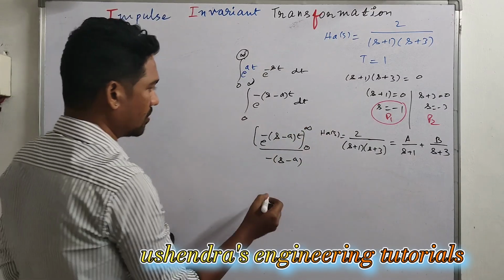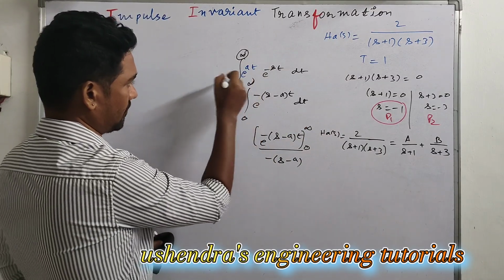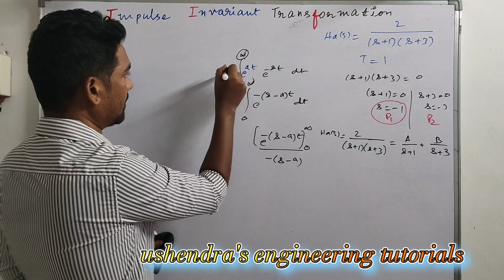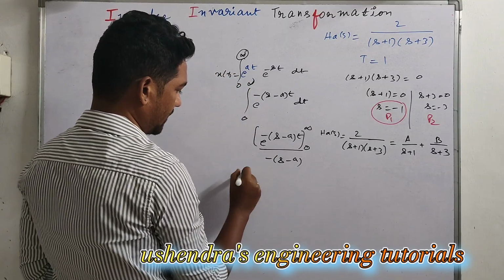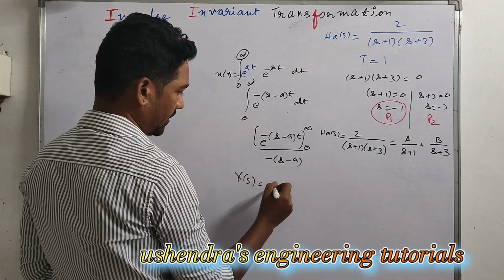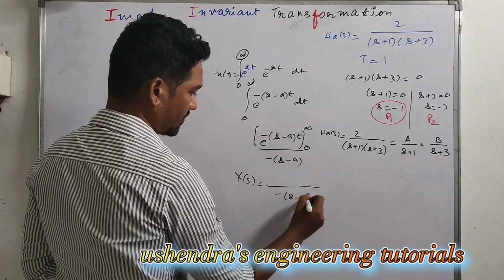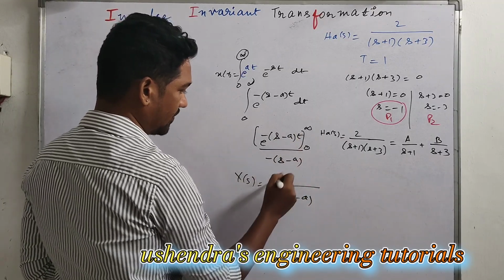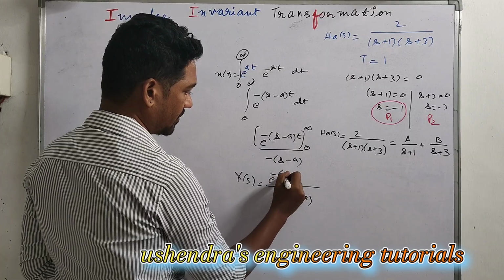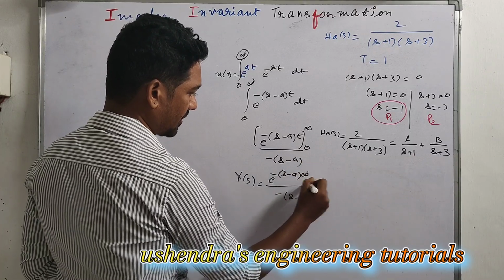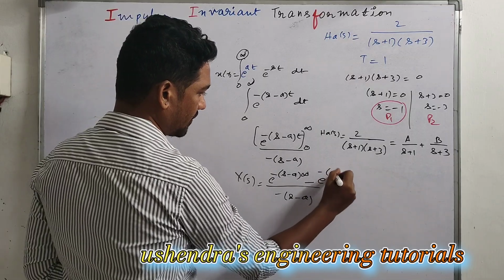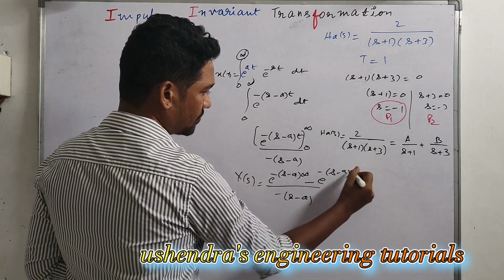Plugging in the upper and lower limits, the Laplace transform, thinking of it as x(t) and its Laplace transform X(s), we have: 1 upon minus (s minus a), upper limit e raised to minus (s minus a) in the place of t, we plug in infinity, minus e raised to minus (s minus a) into 0.